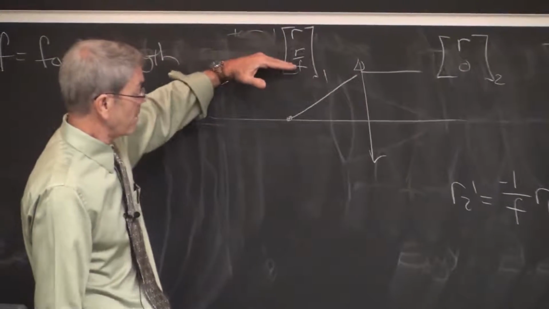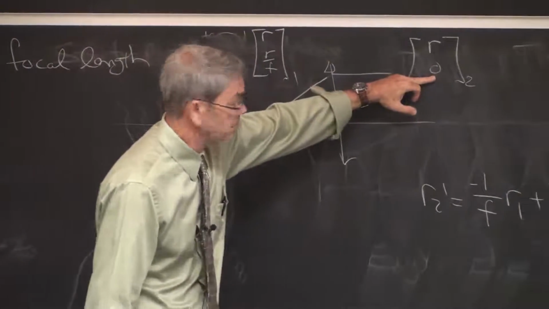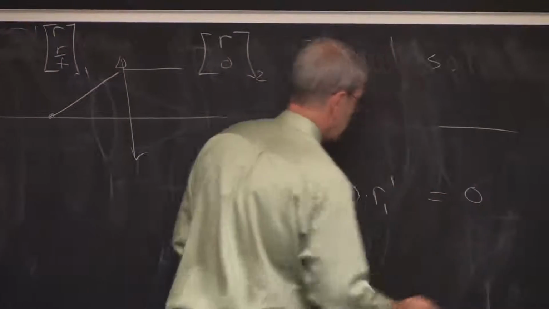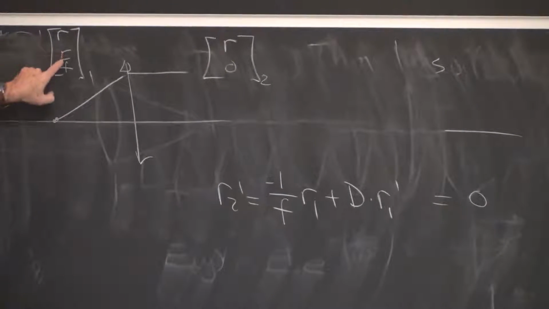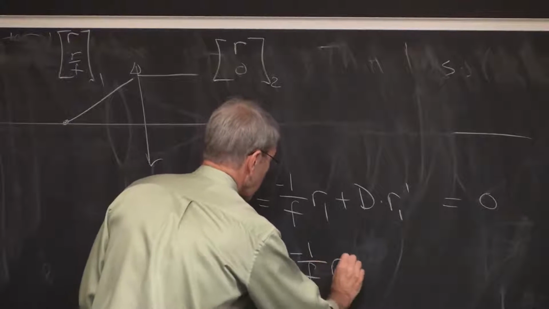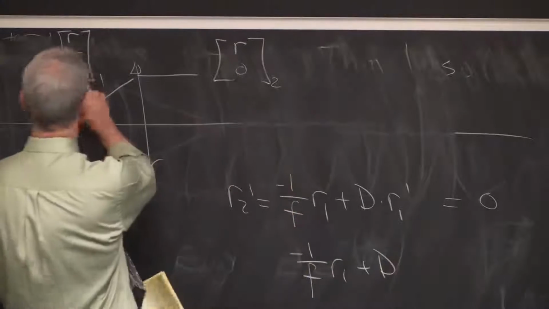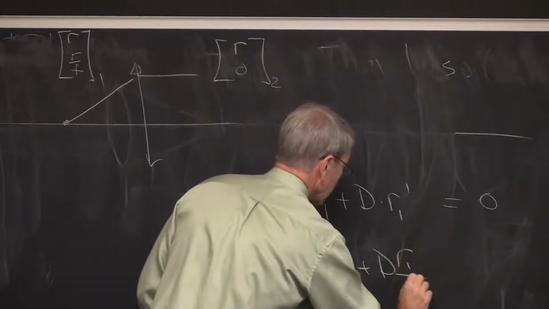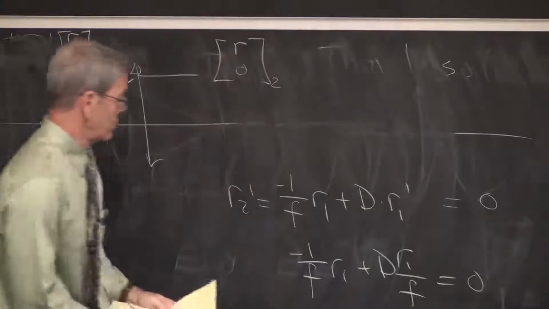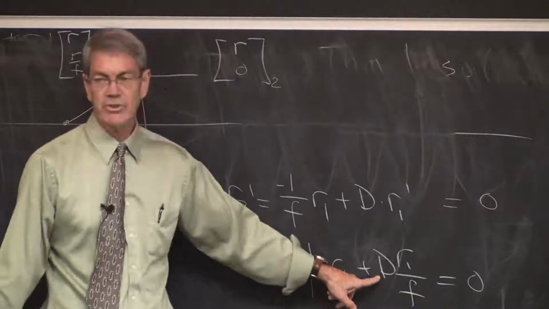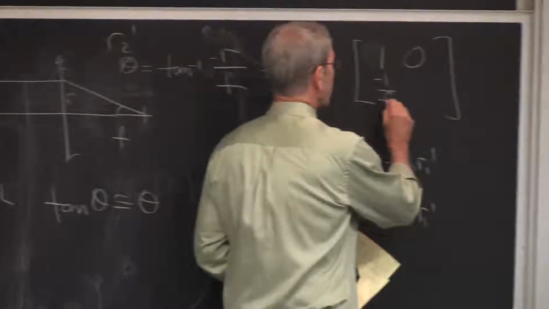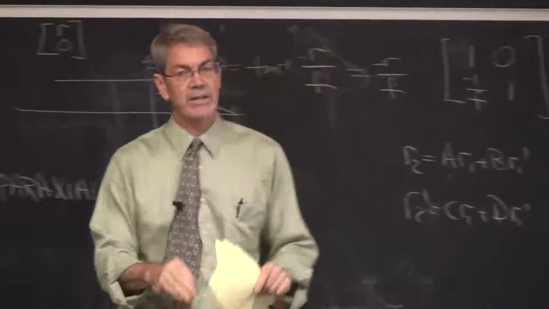So I look at this and say, well, R2 prime equals 0, and R1 prime equals R over F. So this becomes minus 1 over F R1 plus D times R1 over F, and this must equal 0. So I look at that and say, D must equal 1. And so now I'm done. Now I've got the ABCD matrix for a lens.